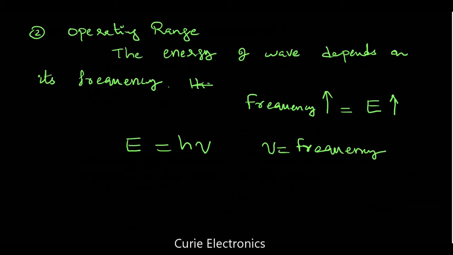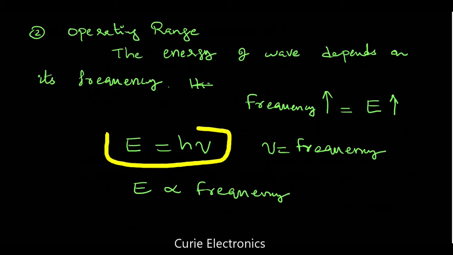So energy is directly proportional to frequency. So if the frequency is higher, we will get a higher range. So this is the second reason why we use modulation.